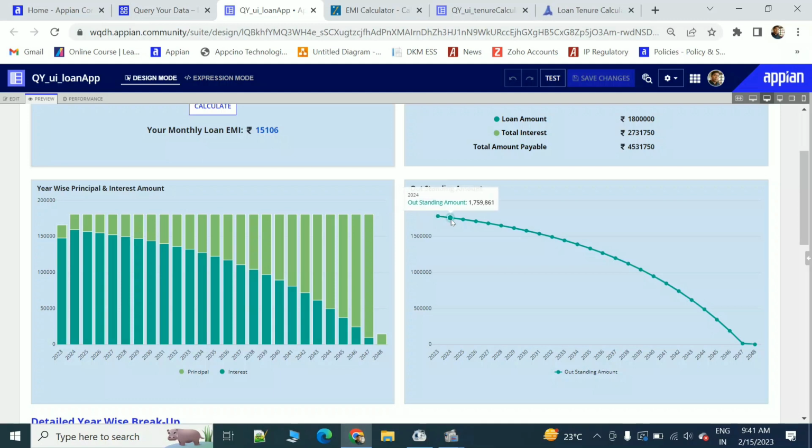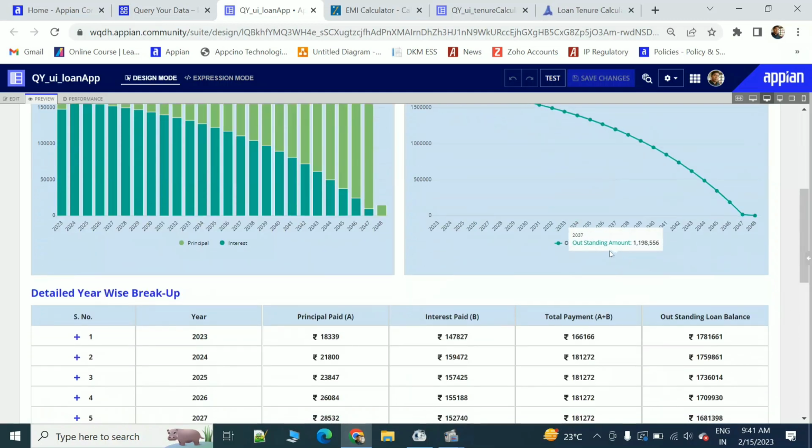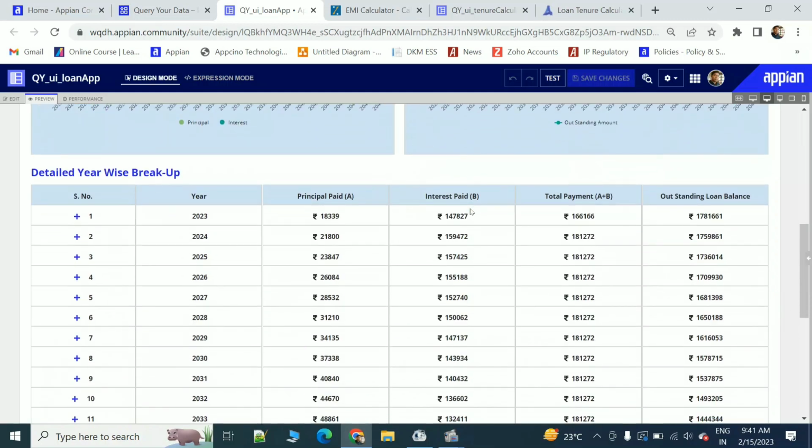So after completing every year, your loan amount is decreasing, and at the end of your 25 years tenure, your outstanding amount is zero. And the same thing you can also see in this chart.